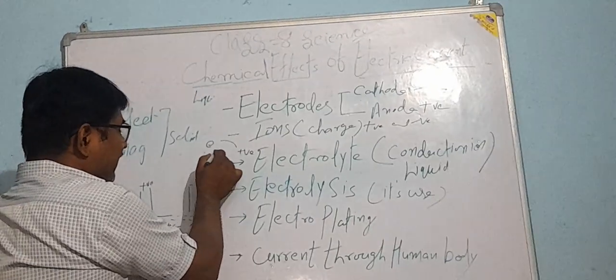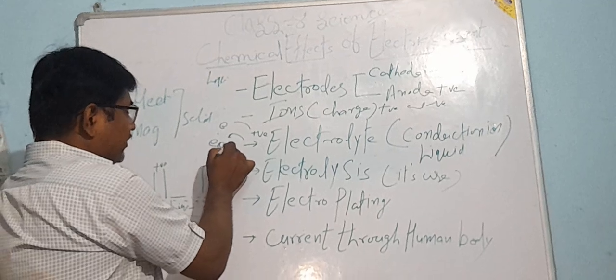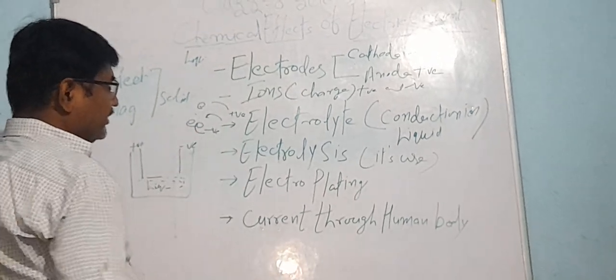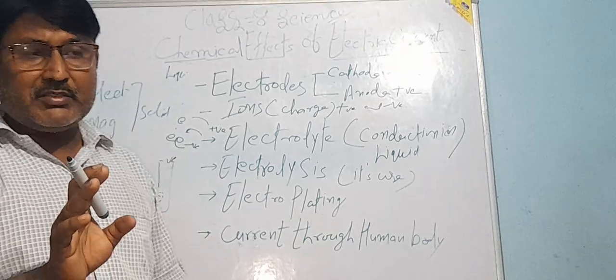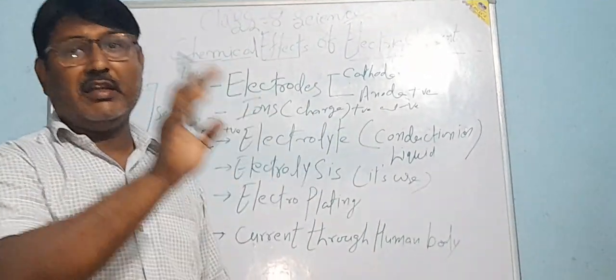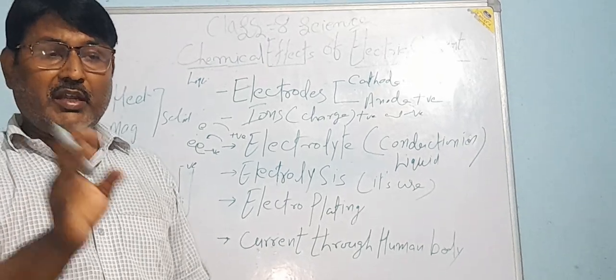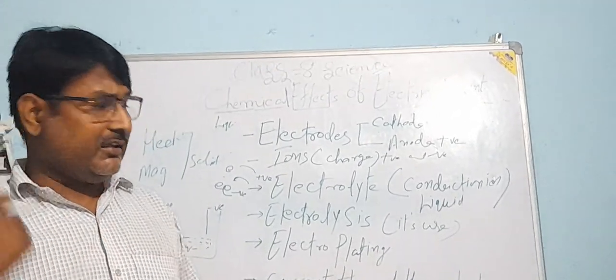And when any atom receives electron, then it becomes negative charged. So clear? So positive ion means the atom when it releases electron becomes positive ion. When an atom receives electron, then it becomes the negative ion.